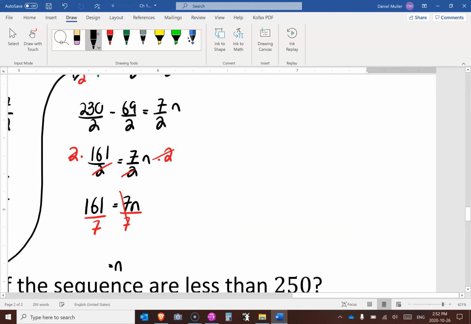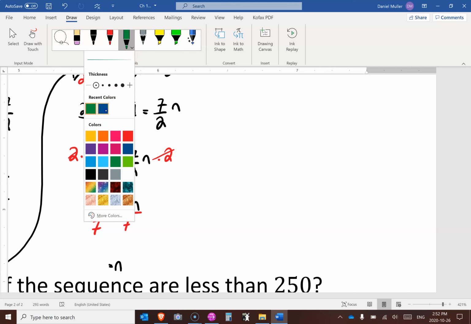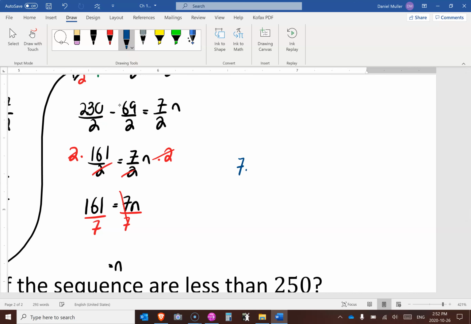So 161 divided by 7, I don't know what that is. So 7 into 161. 7 can go into 16 twice. That'll get me 14, which is 2, carry down the 1, 21, perfect, because that's a 3. And I get a 0. So 23 is equal to n.